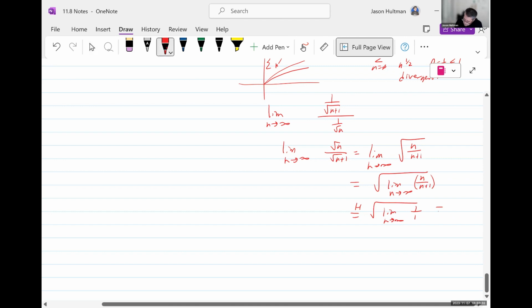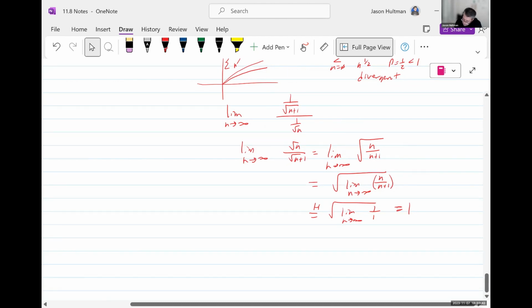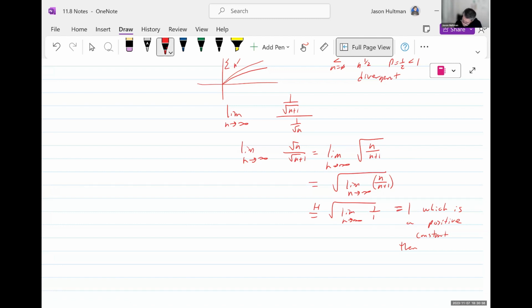Take the square root of 1, it equals 1. And so since that limit is equal to 1, which is a positive constant, then both series either converge or both diverge. And since we know that the other one was divergent, they both diverge.